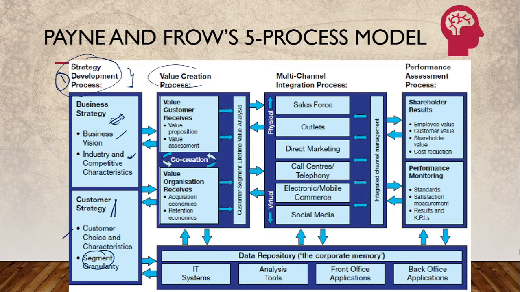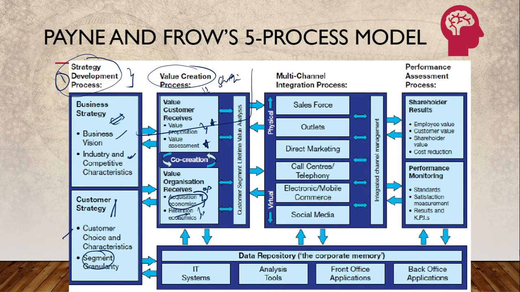Next is the value creation. In the value creation, you need to discuss the value proposition and how you will assess the value, and then accordingly you need to discuss the economics of how much expenditure you are putting on getting the customers, and then how much amount is spent for retaining the customers. So this forms the basis of the value creation process. And this is the strategic CRM.